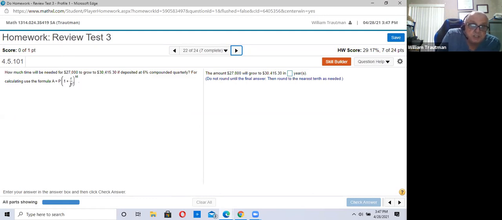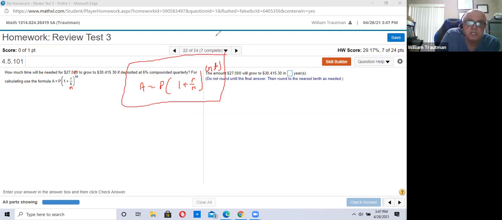Instead of K, I used N. I used an N here and an N here. This is my formula. A equals P times 1 plus R over N, raised to the NT power. This is the compound interest formula I used in class.